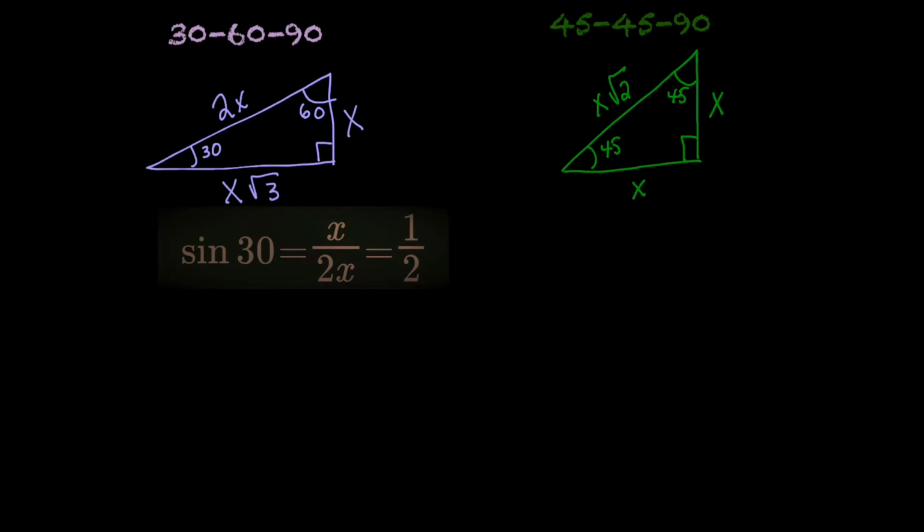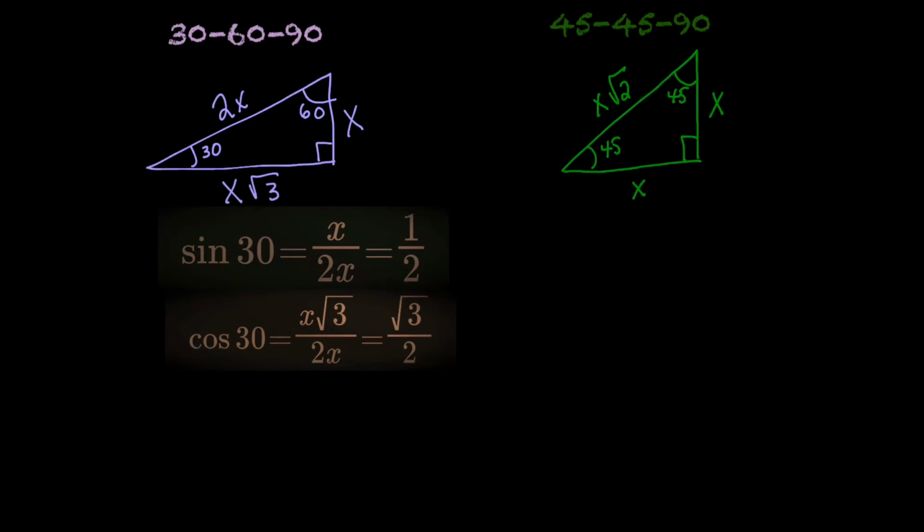Likewise, the cosine of 30 equals adjacent over hypotenuse, so x times the square root of 3 over 2x. Crossing out our x's again, we get the square root of 3 over 2.